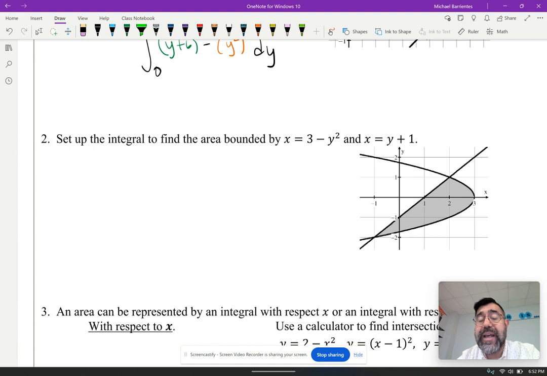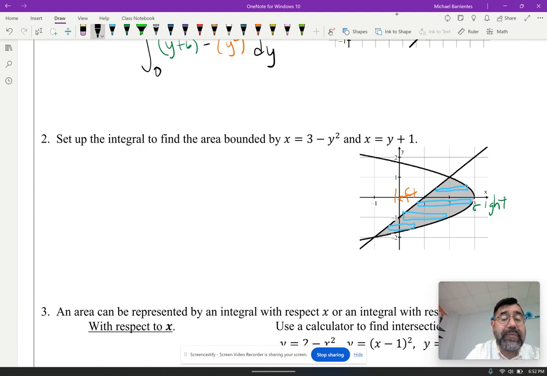And so we're going to have to think of it as what is my right and what is my left, because my rectangles, if I draw them perpendicular to the y-axis like this, if I draw them horizontal, are going to need the right side minus the left side in order to get that length, right?